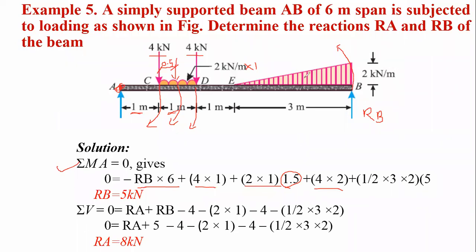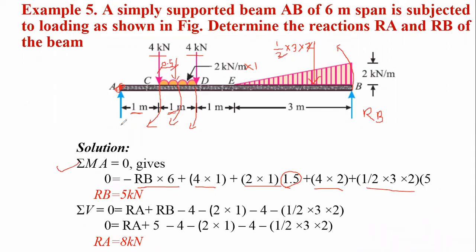Now let us convert this triangular load into a point load. How to convert? The area of the triangle is nothing but what? Area of the triangle is how much? 1/2 base into height, that is 1/2 into 3 into the load intensity of 2. If you solve this, the 2 gets cancelled, the load is 3, and the perpendicular distance is how much?